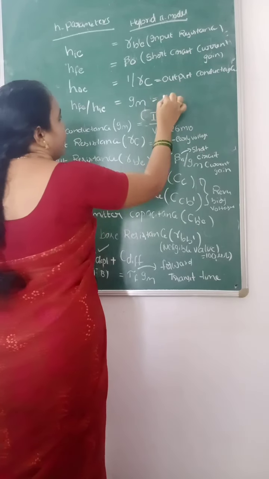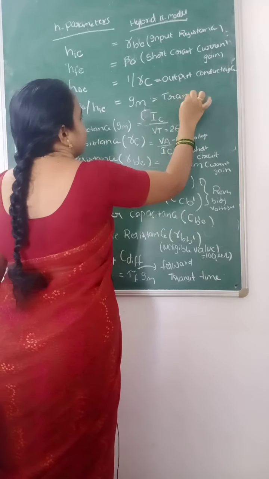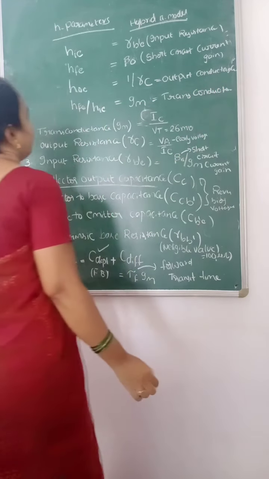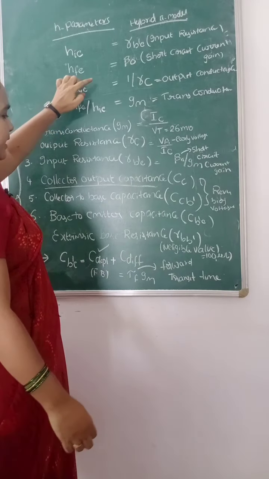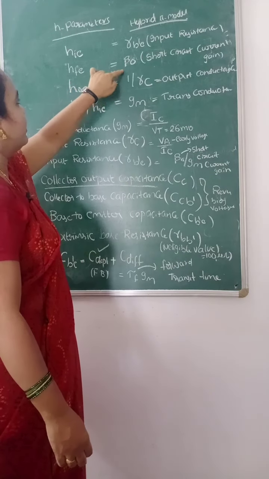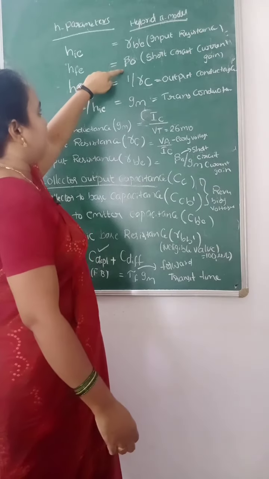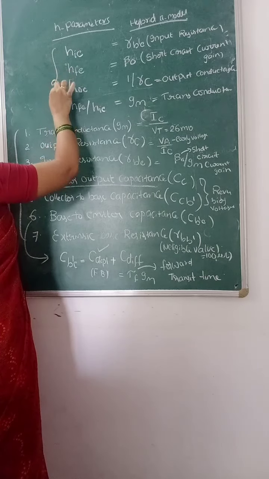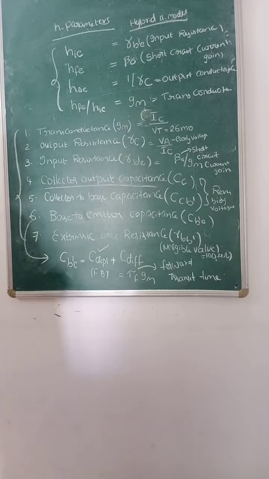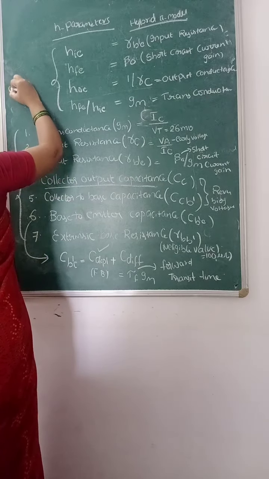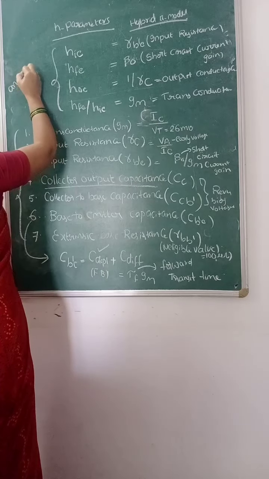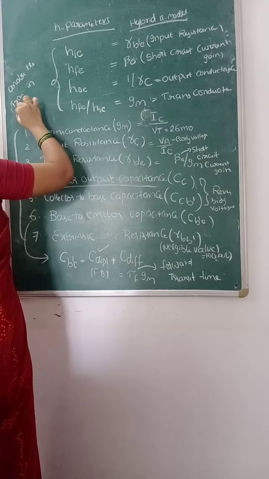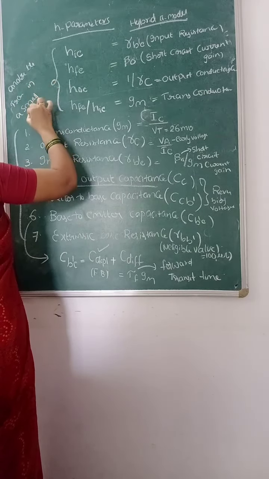And Gm is the transconductance. Transconductance can be calculated by dividing this beta naught by RB dash E. So these are the 4 important H parameters which are used to analyze the transistor in a small signal configuration.